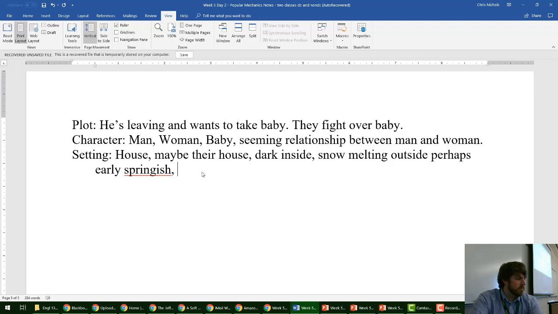What else is outside? What gives us an idea of what the setting is? Cars. She said cars slushing outside. I don't know. I feel like that wouldn't happen in a really good neighborhood. I feel like there wouldn't be a lot of dirty snow in a new neighborhood, or where concrete streets have just been laid recently, unless it was a cheap neighborhood.